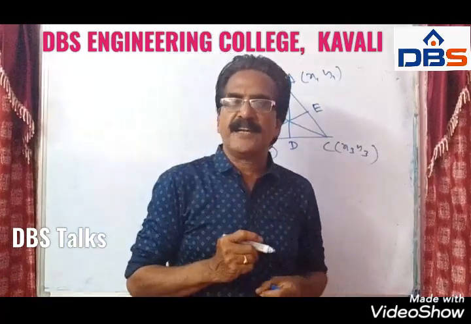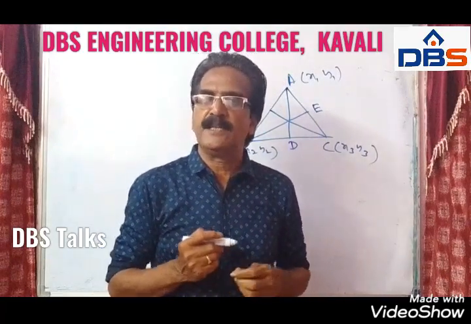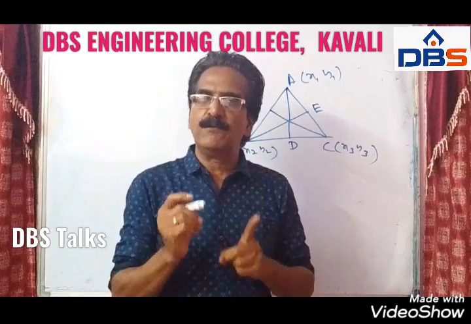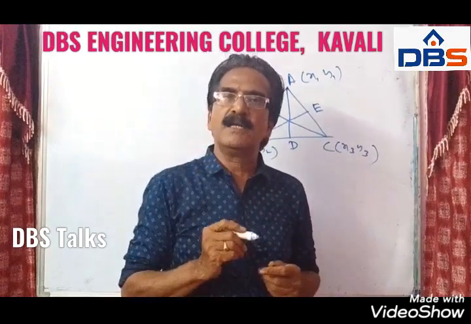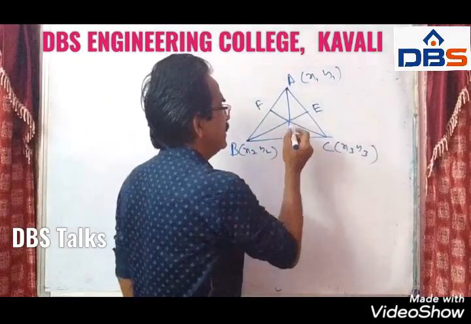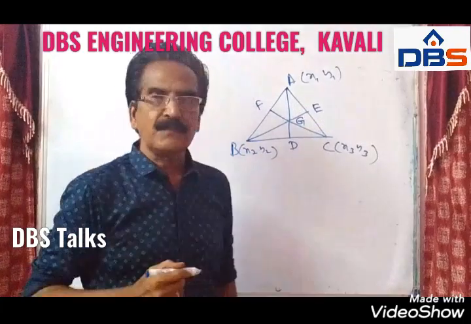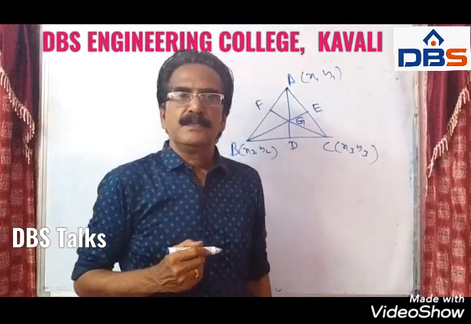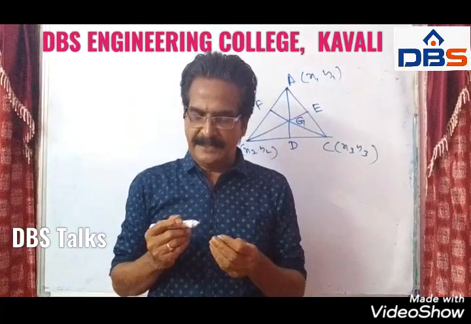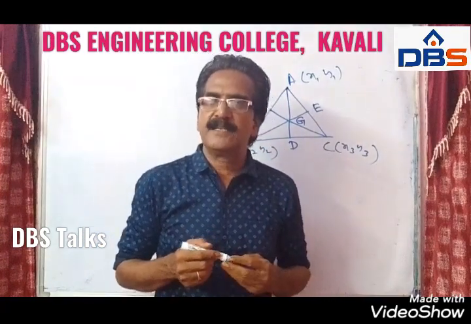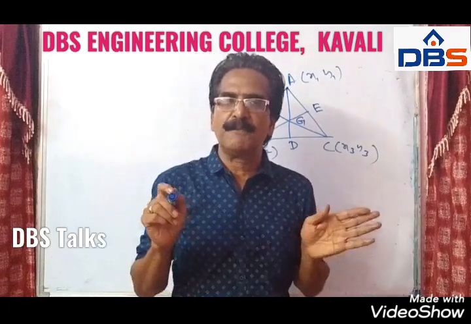So the medians of a triangle intersect at one point. They are concurrent. That point of intersection is called the centroid, that is G. So that is the meaning and definition of a centroid.